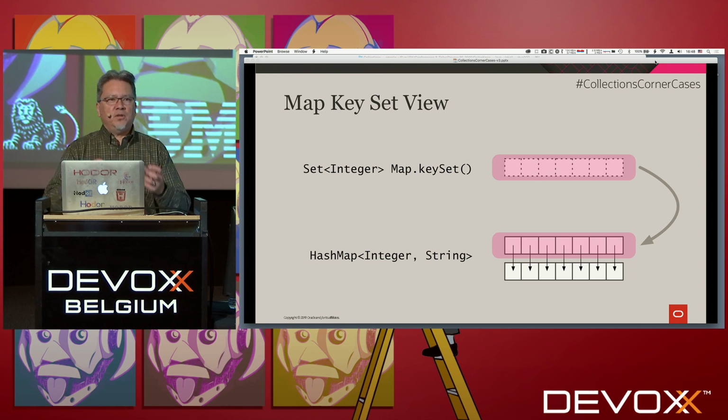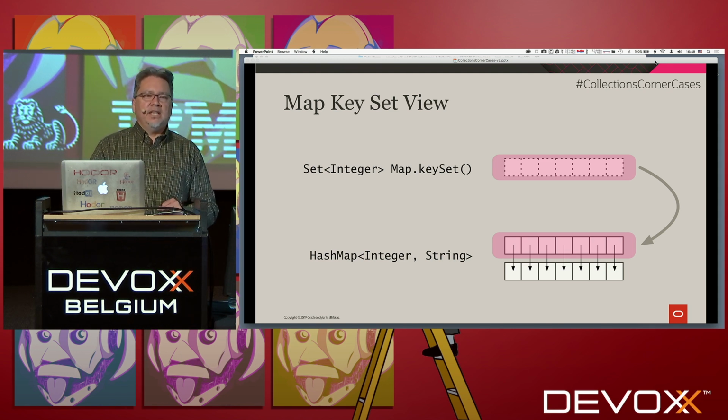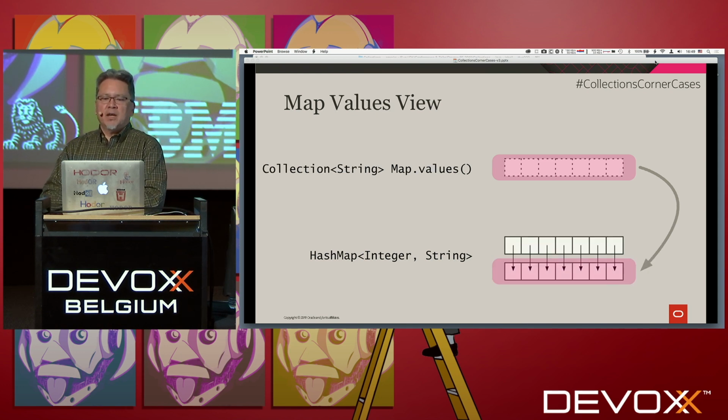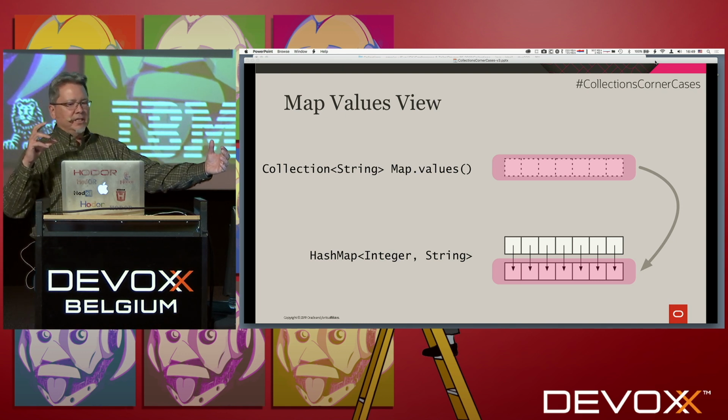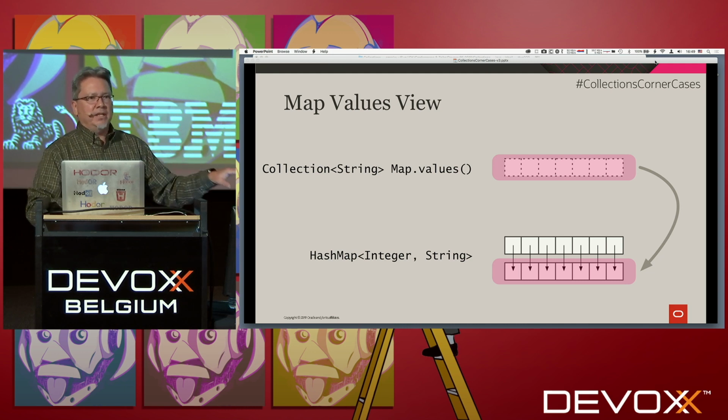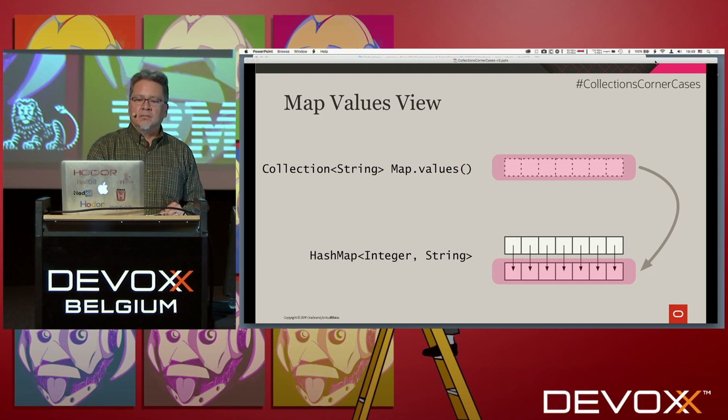So the key set view is a set of keys, but it doesn't contain them itself. Instead, it's a representation of the keys that are actually in the underlying map. Similarly, with the values view, I call map.values, and I get a collection of strings back. There I get a collection that represents the values that are actually inhabiting the underlying map.